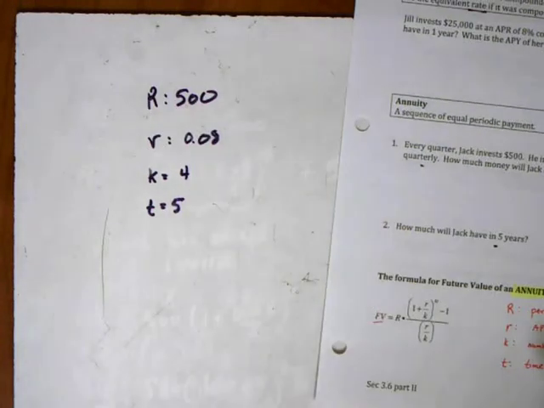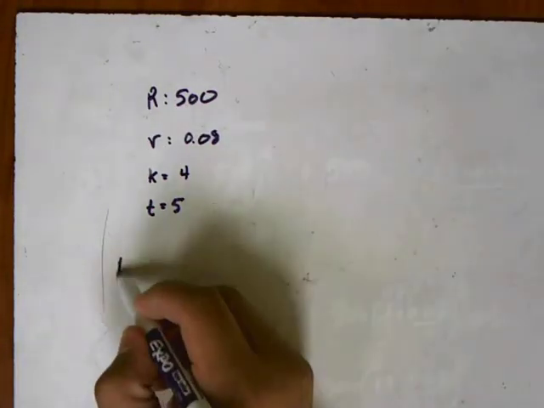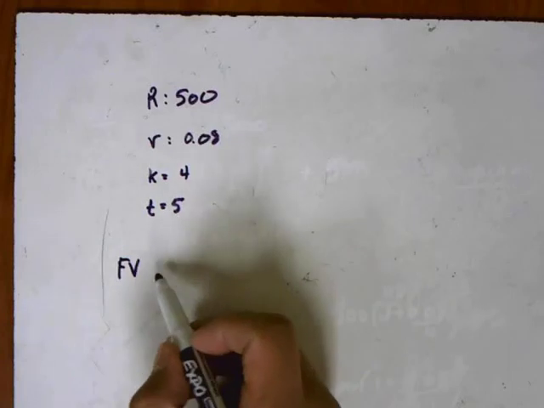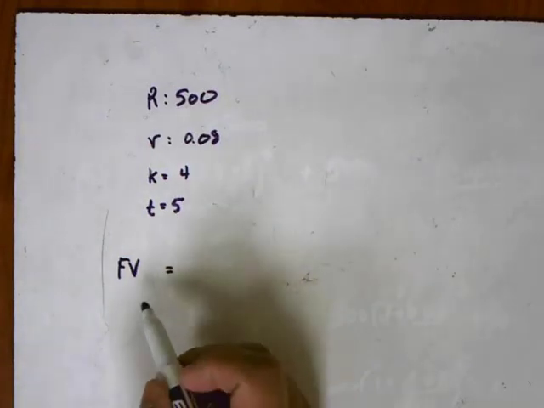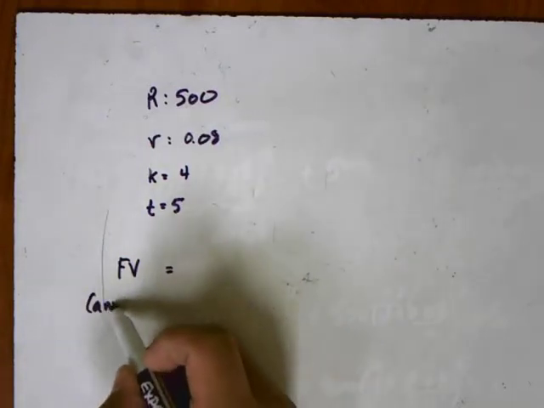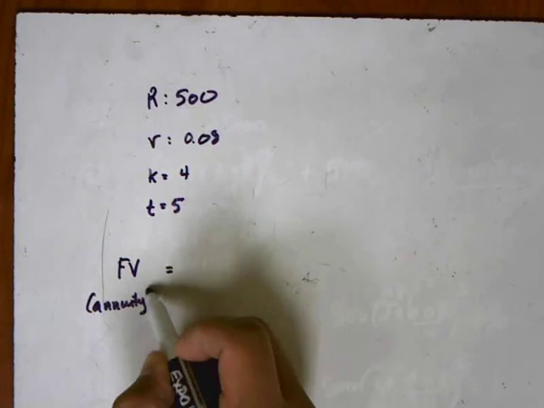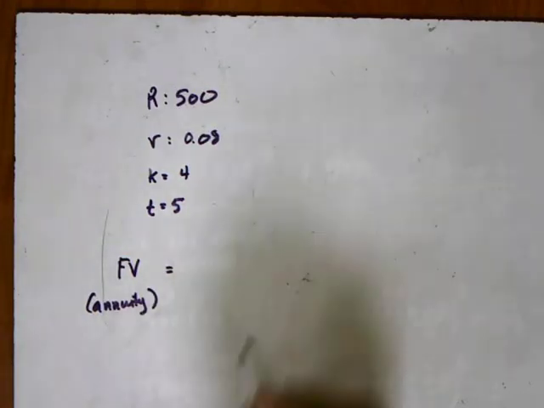And now it's a matter of just using the equation. So the future value, in other words, how much he's going to have in 5 years, and again, this is the future value of an annuity. This equation does not work for any other types of future values.